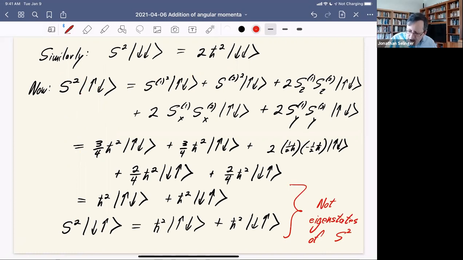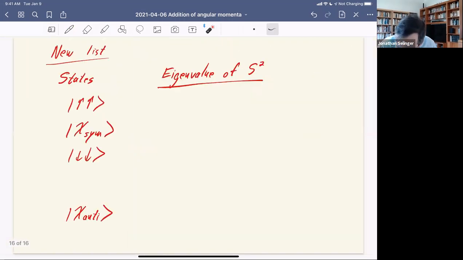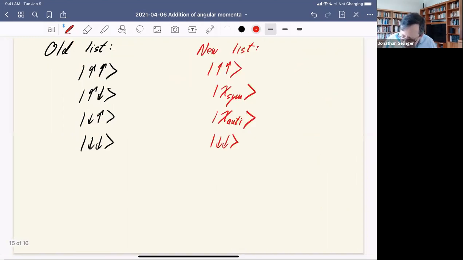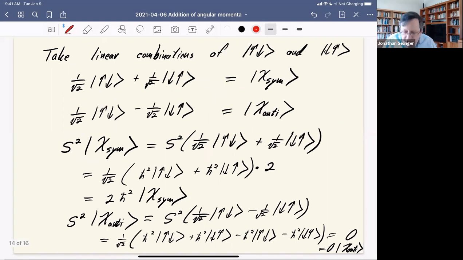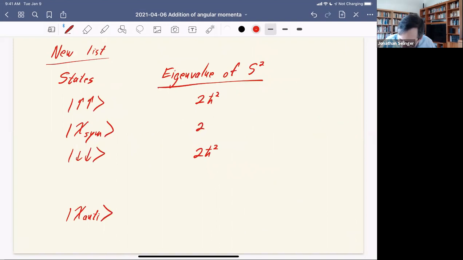For up up and down down, the eigenvalue of S squared is 2 h bar squared. For the symmetric state, it's 2 h bar squared. For the antisymmetric state, it's 0.